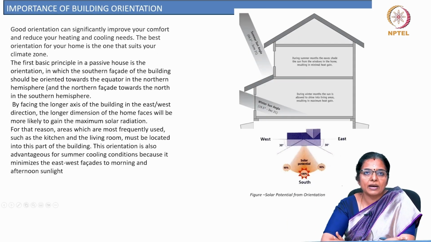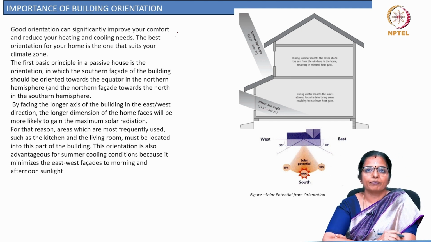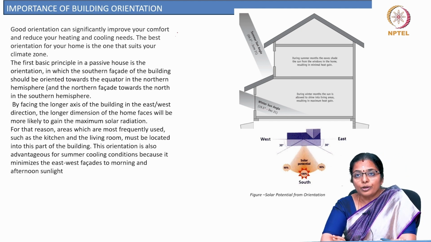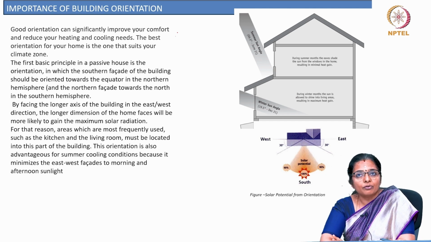The first passive strategy that we will be discussing today is building orientation. Now, good orientation can significantly improve your comfort and reduce your heating and cooling needs. The best orientation for your home is the one that suits your climate zone.